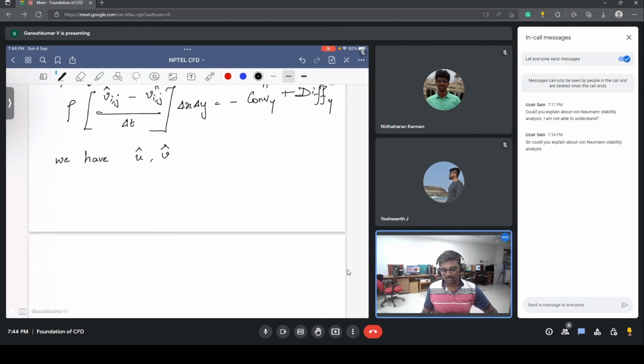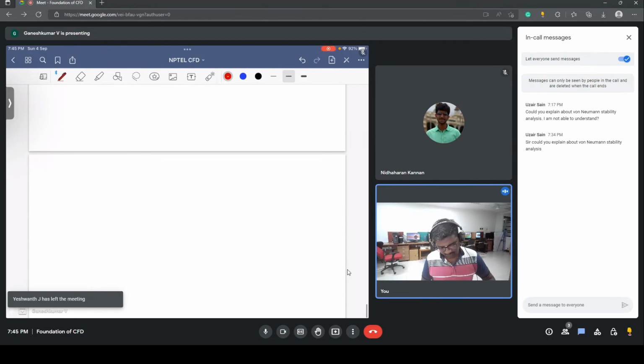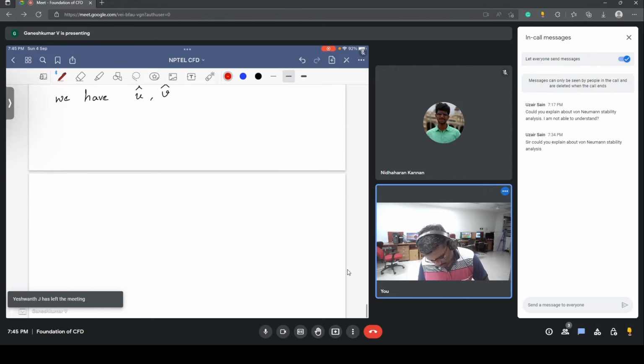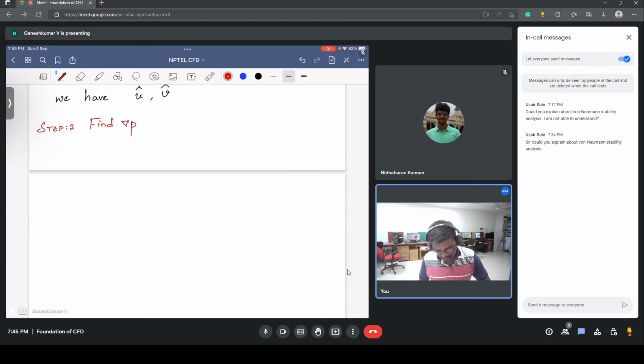How will you correct the velocity? We ignored the pressure gradient. We need to somehow find the pressure gradient, and we need to use that pressure gradient to correct the velocity, right? So our step 2 would be to find the pressure gradient or the pressure field.